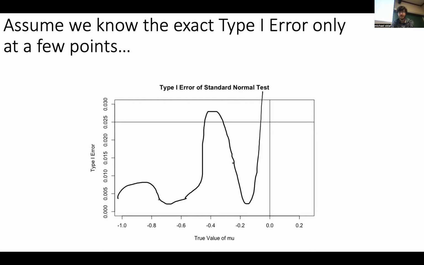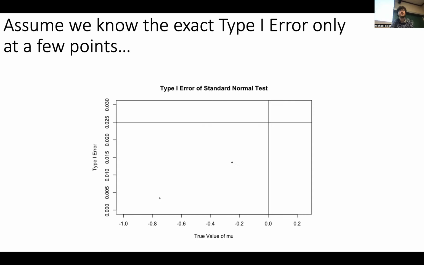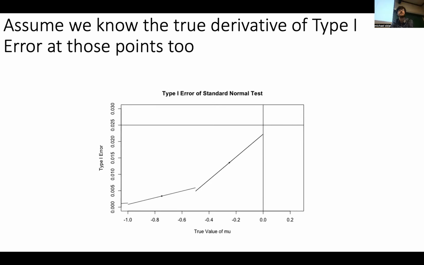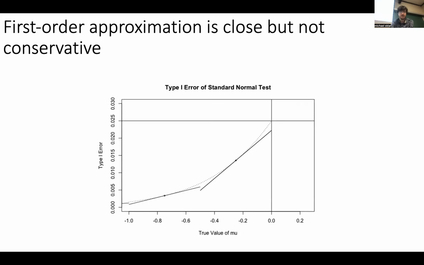All right, so I guess we should add a little more information. We can assume that we know the true derivative of the type 1 error as well. That's going to get us a reasonable approximation, actually, although not a conservative one. We're still, in this case, below the true type 1 error line.